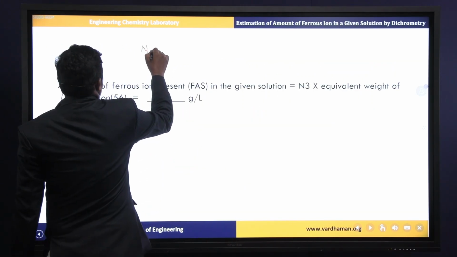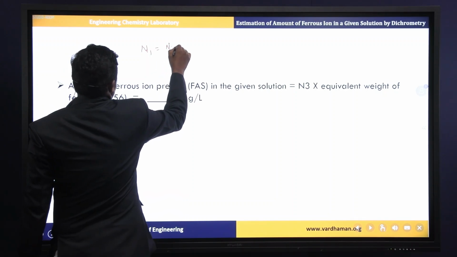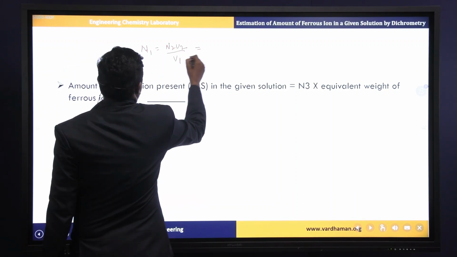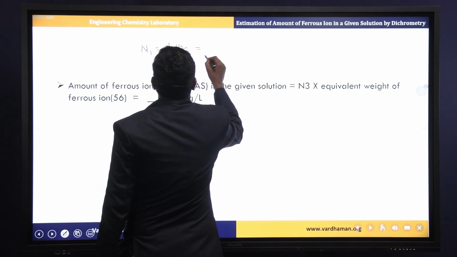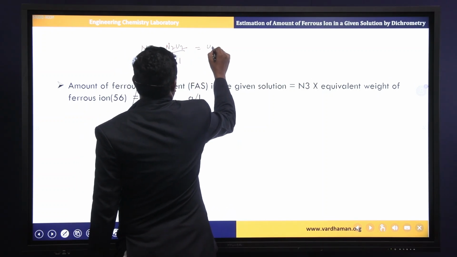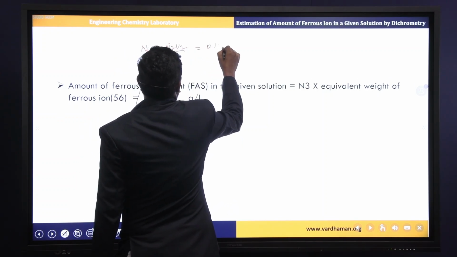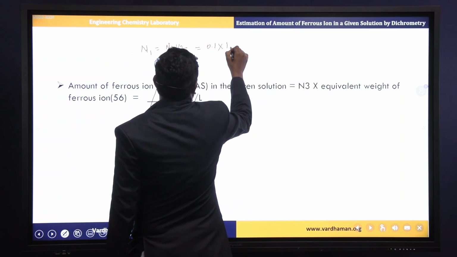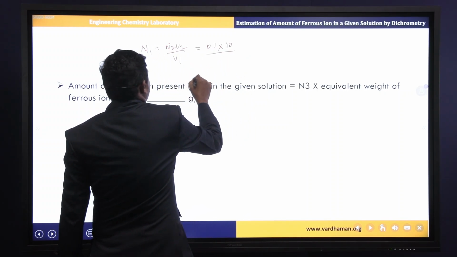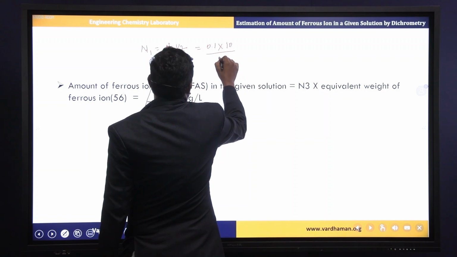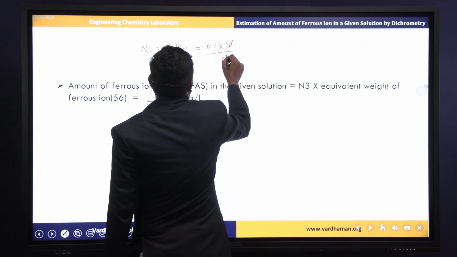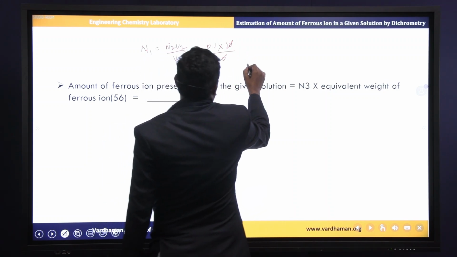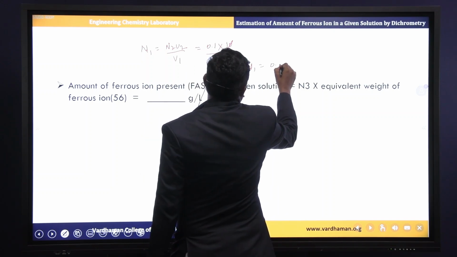So N1, the normality of Mohr's salt, is equal to N2 V2 by V1. N2 is 0.1 normality, into V2, the burette reading, by V1, the volume of Mohr's salt solution, that is 10 ml. Both 10s get cancelled. So we get the normality of Mohr's salt as 0.1 N.